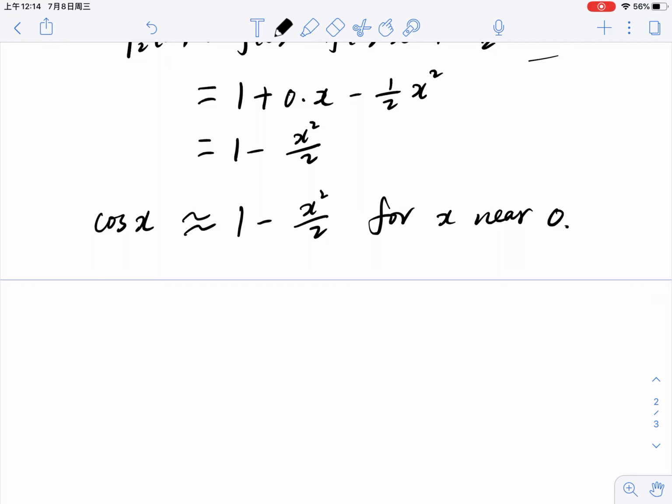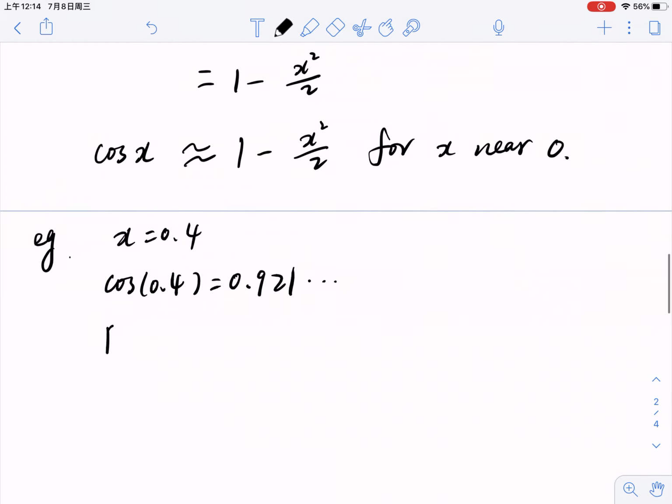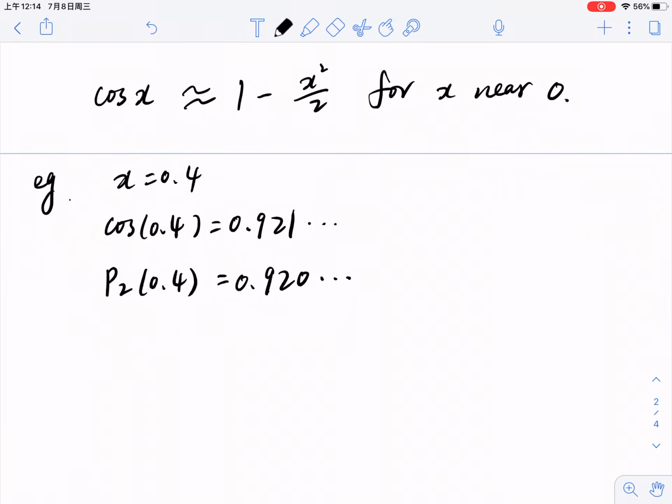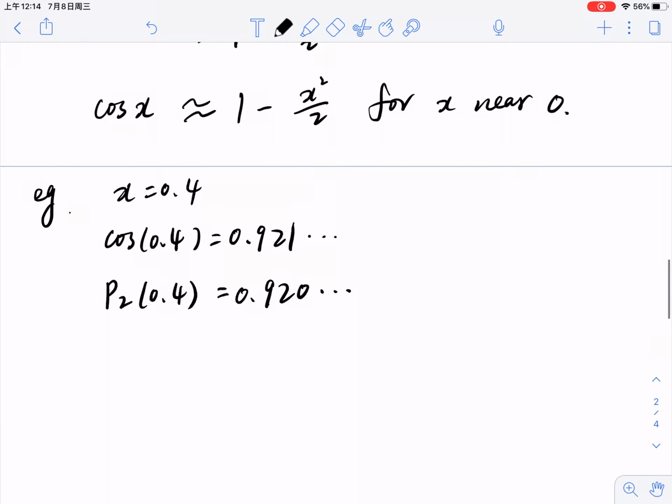So for example, if we let x be 0.4, we get cosine 0.4 is 0.921. Then p2(0.4) is 0.920. So from here we see that this quadratic approximation is very close to the function when x is near 0.